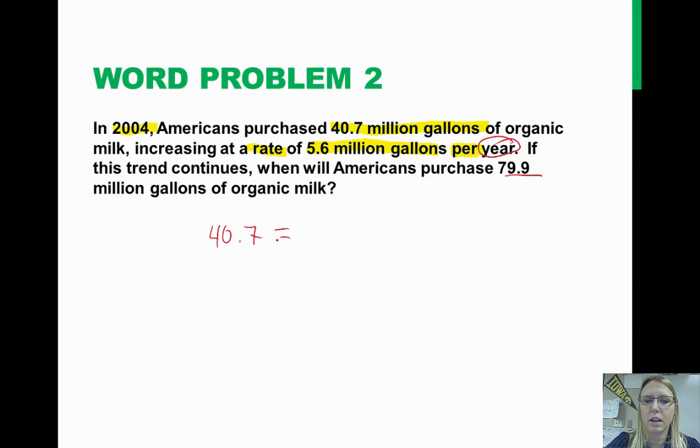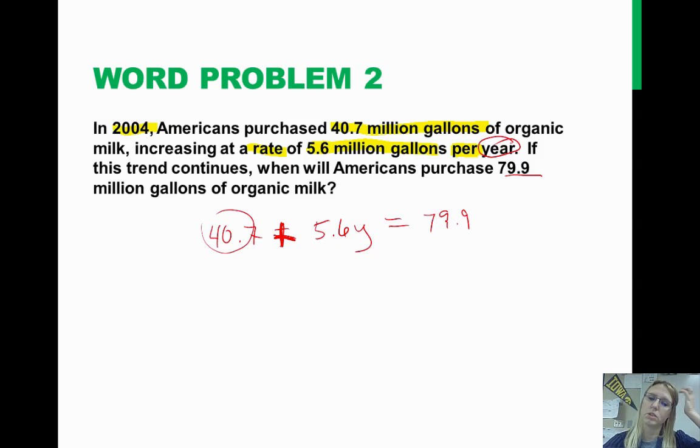And the rate of it is increasing at 5.6 million gallons per year. So if this is what we started with in 2004, we're adding to that number 5.6 times, I'm going to say y for years, and they're wondering when it will actually be 79.9 million gallons.